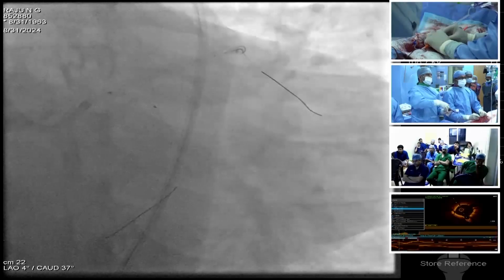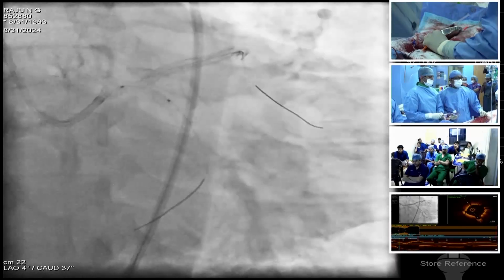Okay, 14, 16, 18. Now the 3 balloon. There is no ruptured balloon, it's ruptured, negative.